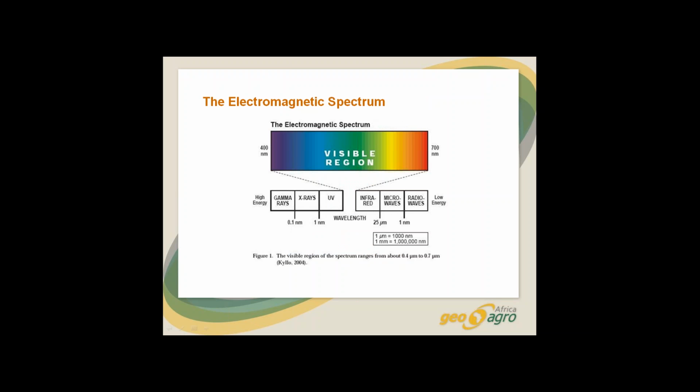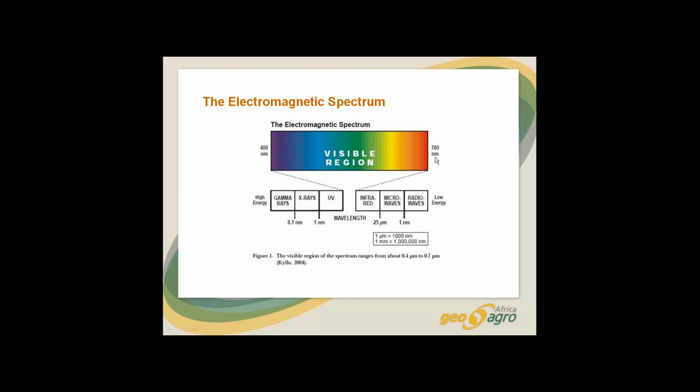As you know, there's an electromagnetic spectrum which we can analyze in order to capture different ranges of bands of reflected light. It can be decomposed in different ranges, light or other phenomena.